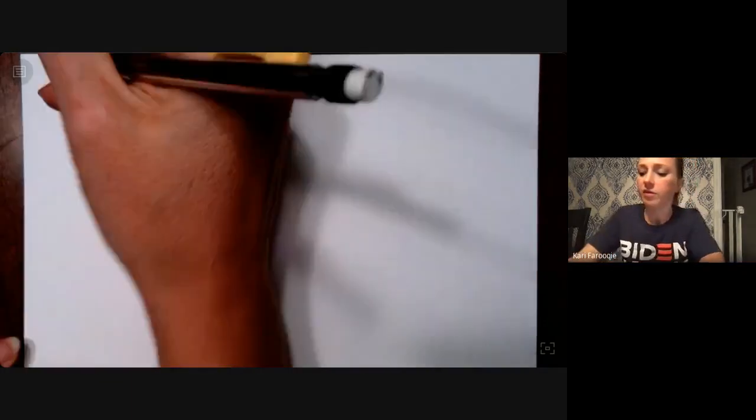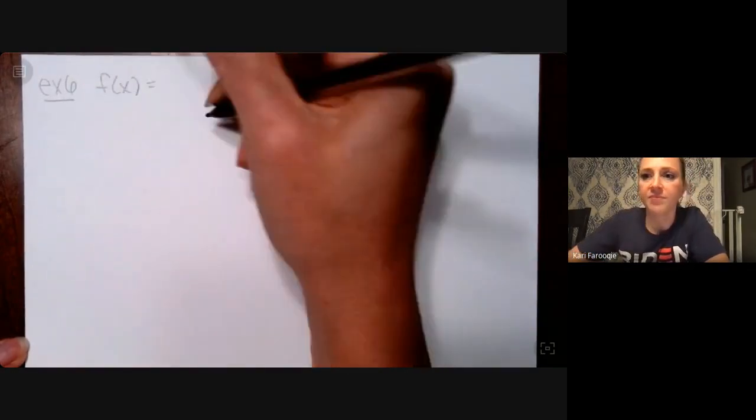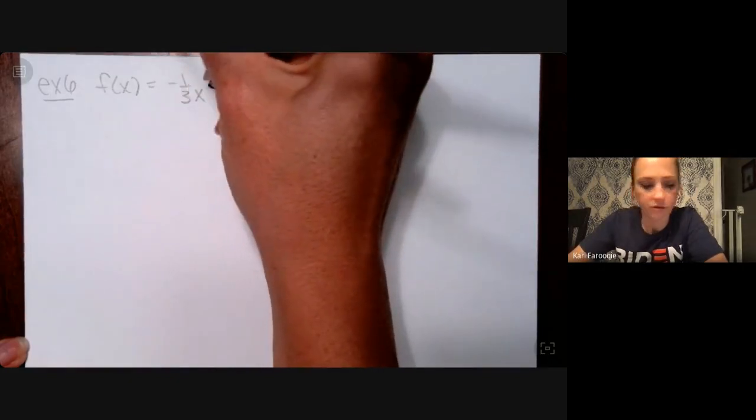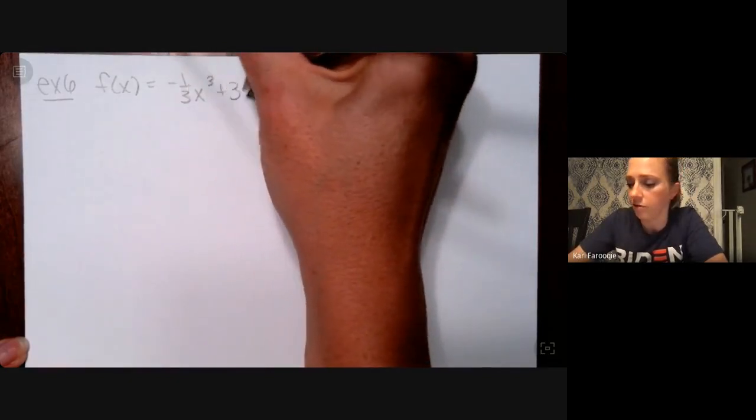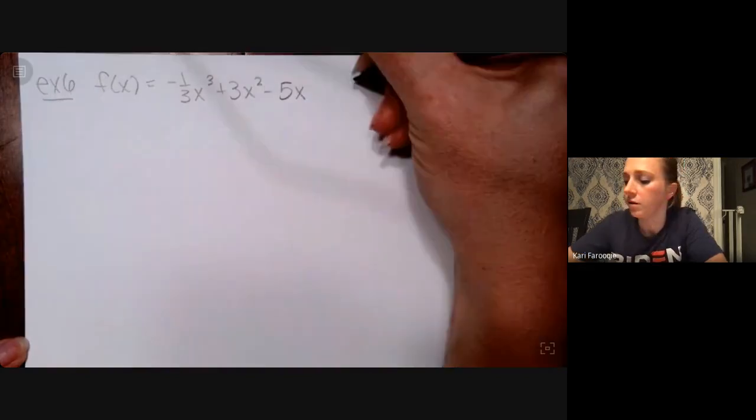Okay, all right, one more polynomial. This is example 6. f of x equals negative 1/3 x cubed plus 3x squared minus 5x.